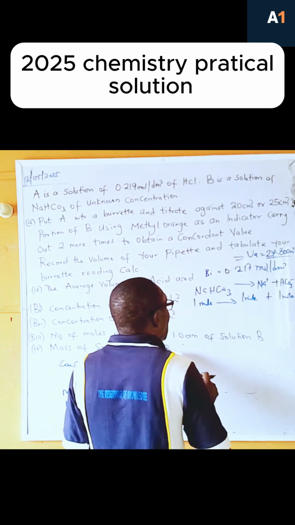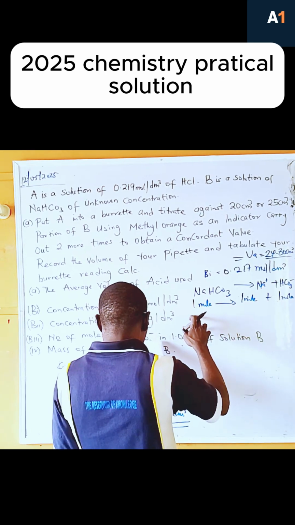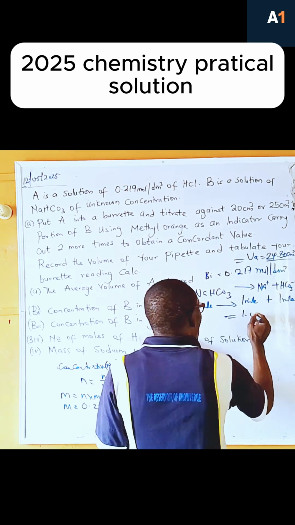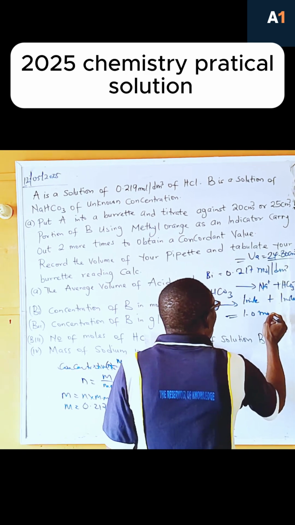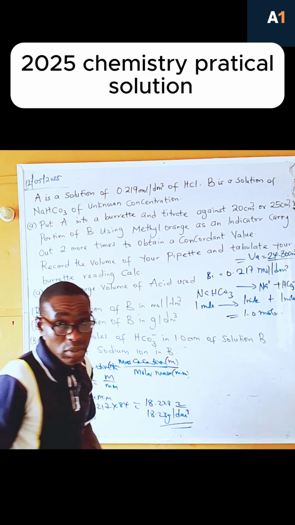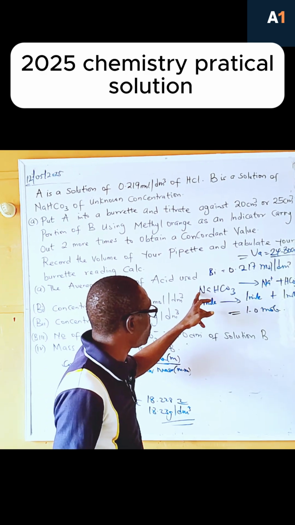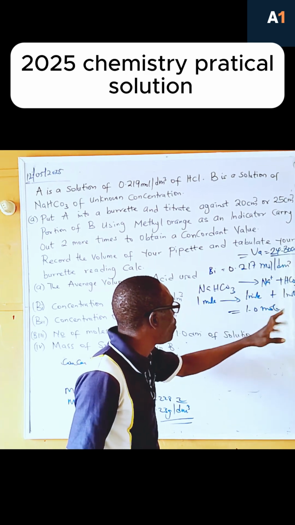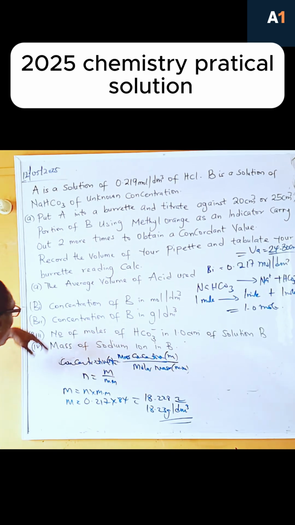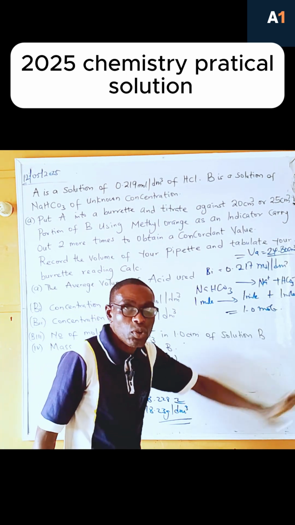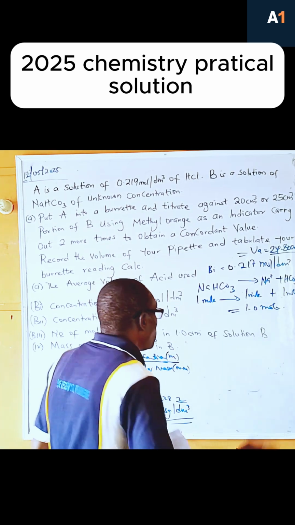So automatically 1 mole of that will also give you 1 mole, because this is an ionic equation.